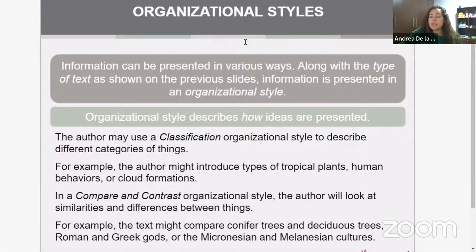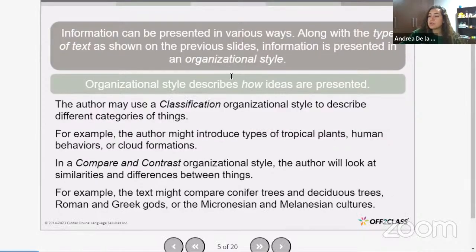Along with the type of text as shown on the previous slide, information is presented in an organizational style. It's important that you guys learn to identify and to classify the different organizational styles that we have.